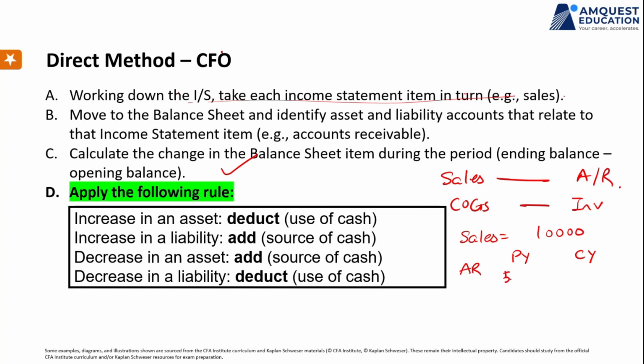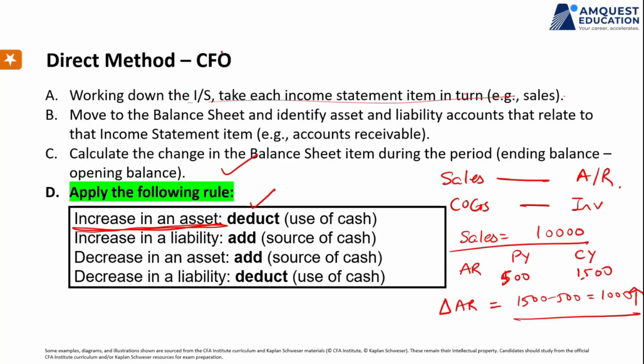Account receivable moved from 500 to 1500, which means the change in account receivable is equal to 1500 minus 500 or 1000. Now, this is an increase in asset. Your asset has increased by 1000. So you deduct it from this line. You're going to say sales 10,000 minus change in account receivable 1000, and what you will get is 9,000 rupees, which is equal to the cash received.